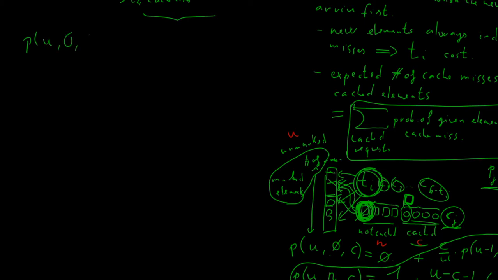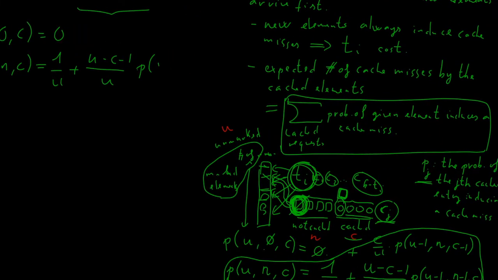U0C was the base case and it was 0. And for other cases, P(U, N, C) is just 1 over U plus (U minus C minus 1) over U times P(U minus 1, N minus 1, C), plus the last term was C over U times P(U minus 1, N, C minus 1).